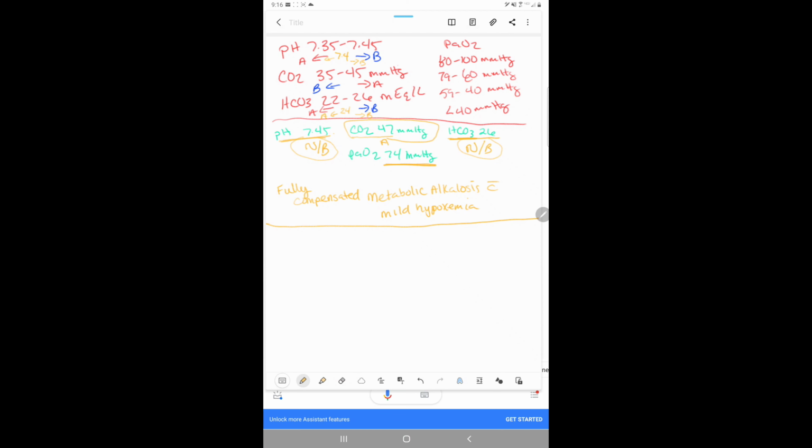Alright, so now we're going to move to another blood gas. Change colors. So now we have a patient with a pH of 7.56 and then a CO2 of a 32, and then your bicarb is going to be 22.